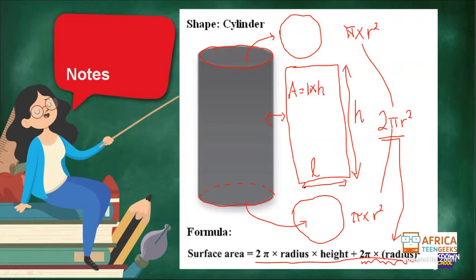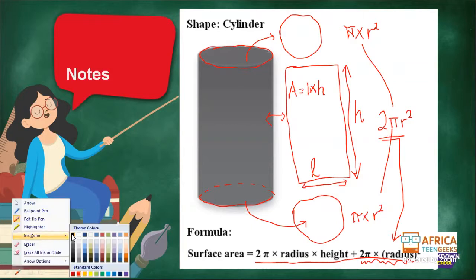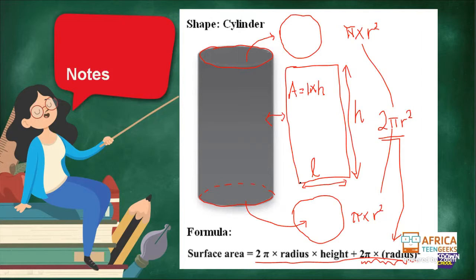But the one thing that you must notice about this length, let me just use a different color to show you exactly what I want to tell you. This length is exactly the same as the circumference of the circle, even though it does not look like that in my diagram.